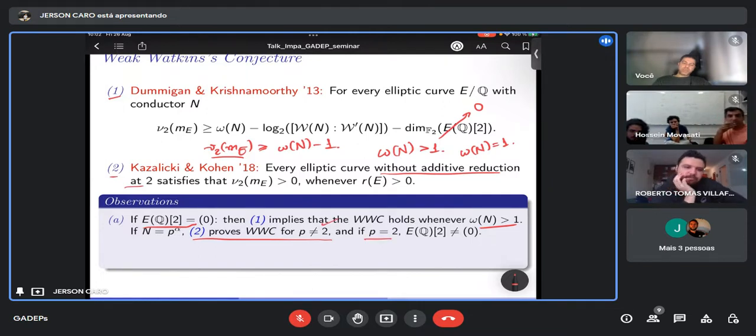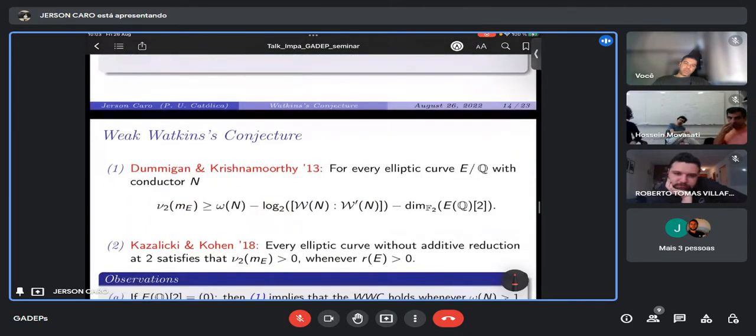And when p is equal to 2, a power of 2, it's easy to see what the elliptic curves with this conductor are. And we can use, for example, the LMFDB to notice that every one of those elliptic curves has non-trivial rational two torsion.